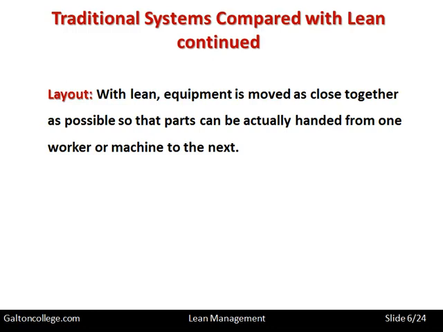It's done very efficiently. The design of the plant is such that costs are kept to a minimum. It's a very efficient layout, and handling is reduced. Handling the goods, handling the raw materials, handling the finished goods, all of that process is reduced because of the design of the plant.